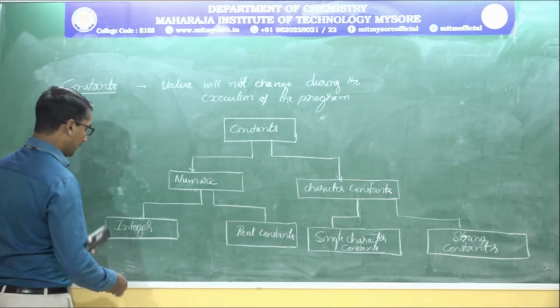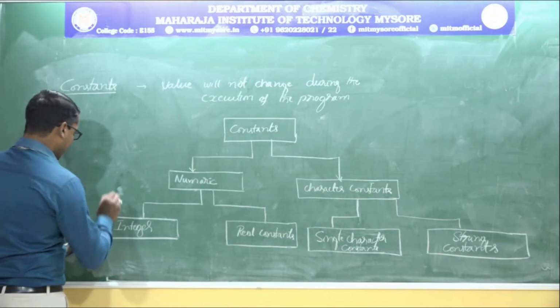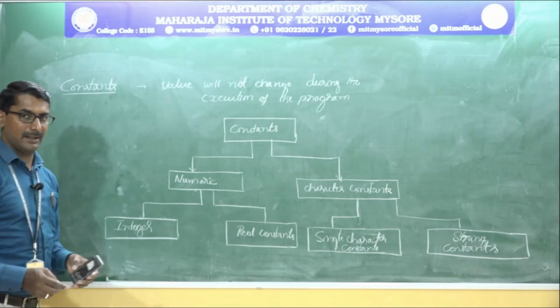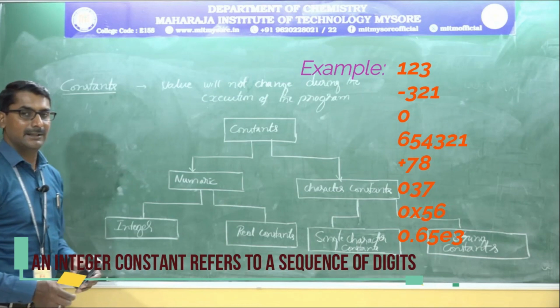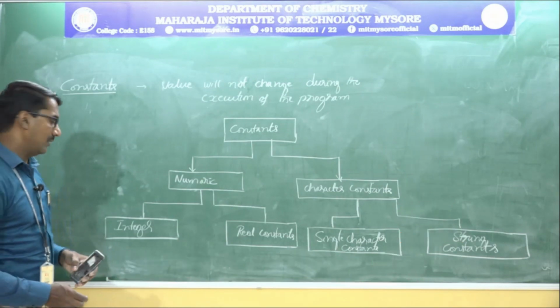The first one is the integer constant. The integer constant contains whole numbers, that is decimal numbers. It doesn't contain fractional values.